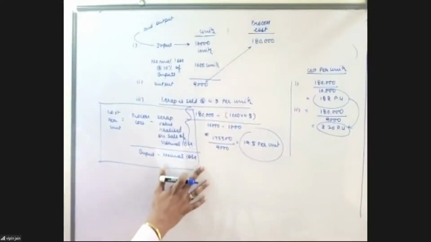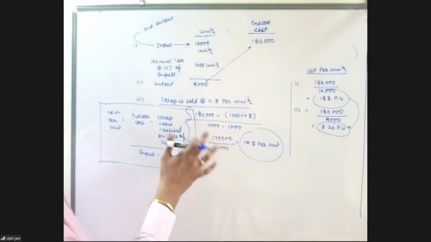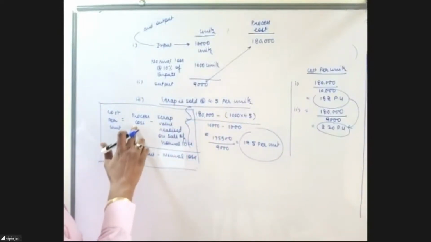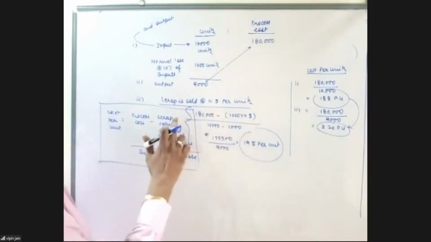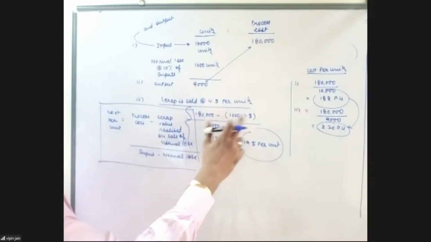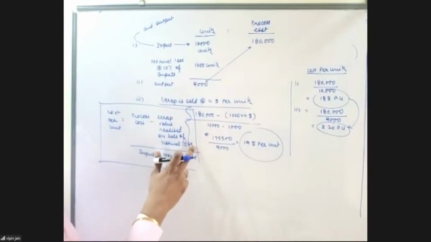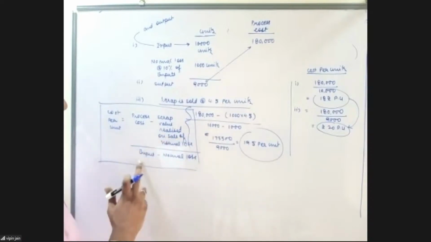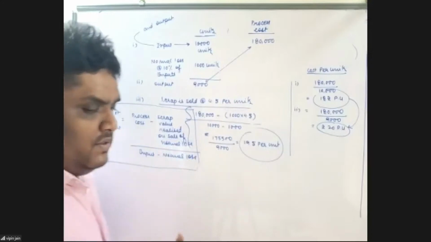The formula, again, there is no formula. It's simply the concept wherein my process cost is 1,80,000 minus scrap value realized on sale of normal loss, that is 4,500, divided by my input, that is 10,000 minus 1,000, which is my normal loss.